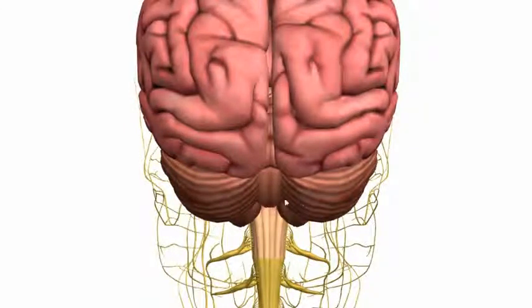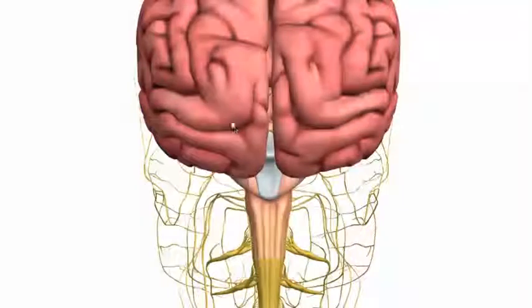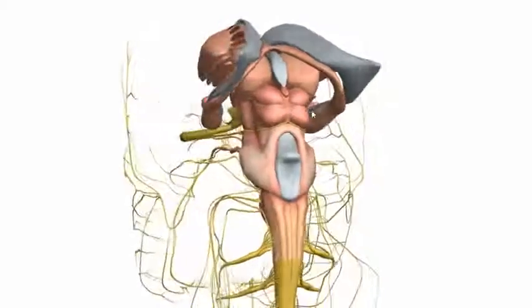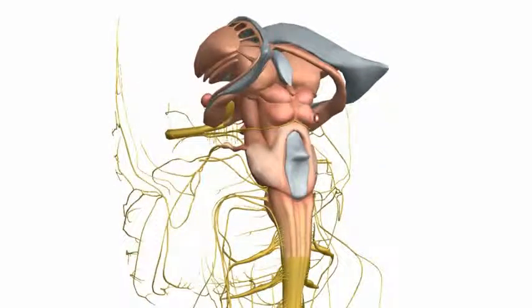So if I remove the cerebellum, and I'll just remove the hemispheres as well, we can see the midbrain here, and you can identify it by the colliculi. So that's the midbrain sitting, and this is the dorsal surface of the brainstem.